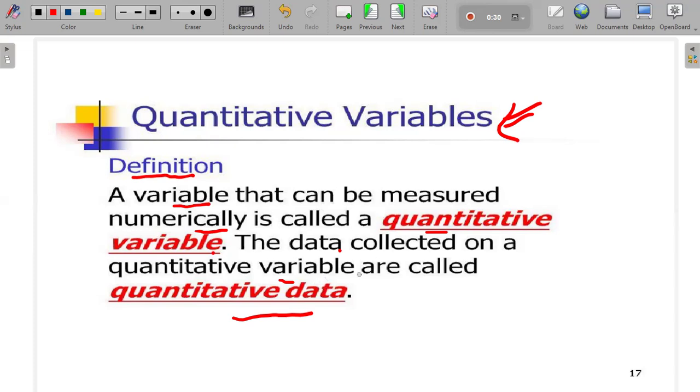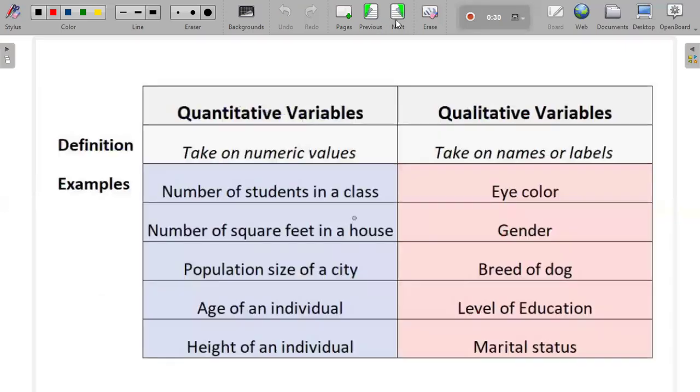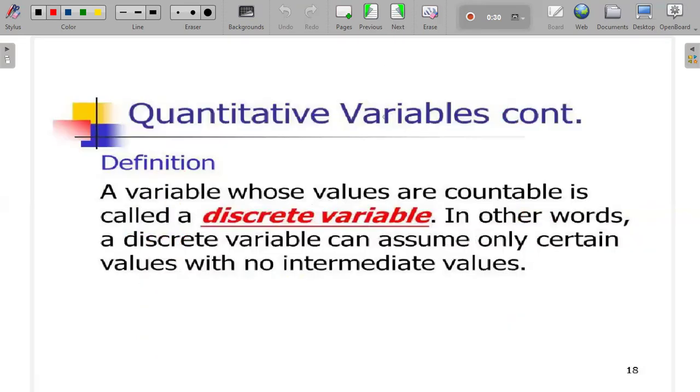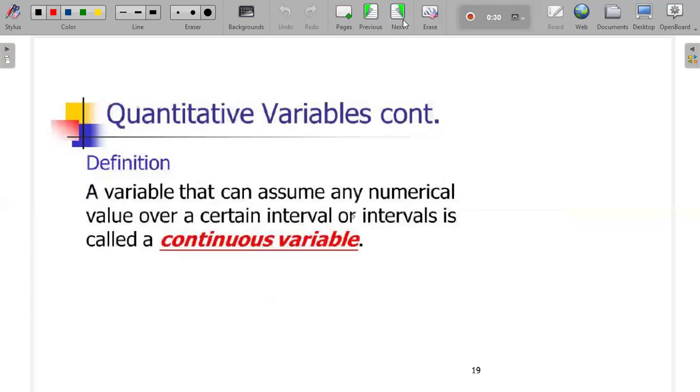For example, height. You measure height numerically. You say 7.1, maybe meters. This is a number, it's numerical, so it's a quantitative variable.